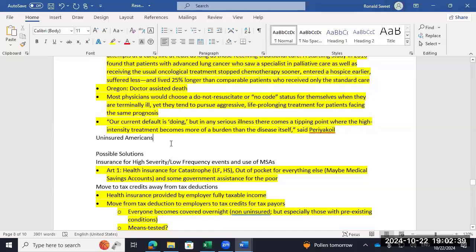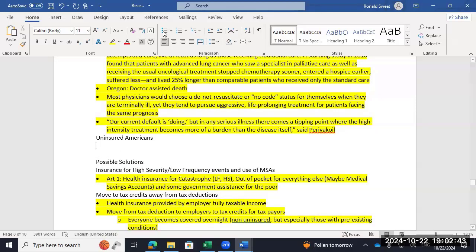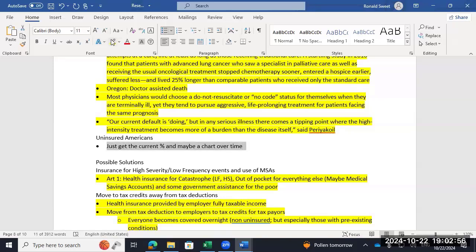So uninsured Americans, all you need to do is just so easy. Just get the current percent and maybe a chart over time. This one is so easy, you can do it yourself.